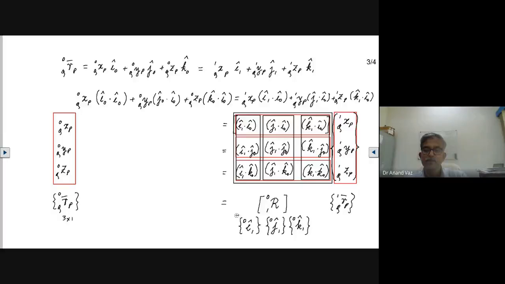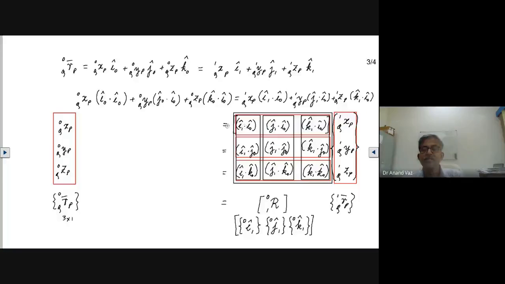So this is actually your R matrix. If you look at the rows of this matrix, what do you observe? What do you observe are the rows of this matrix?